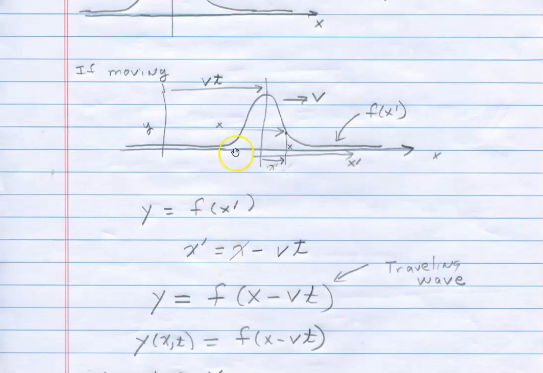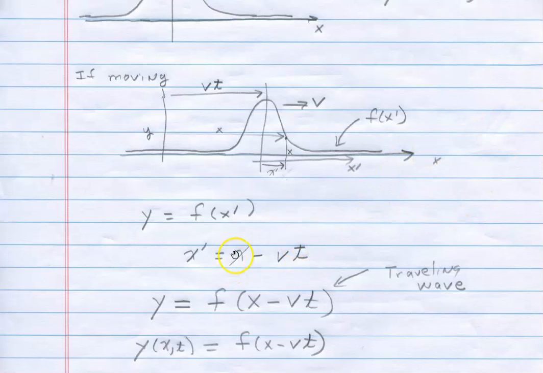So x prime plus vt, and so x prime is x minus vt. Total distance is x, and if I subtract vt from it, then I get this remainder, which is x prime.